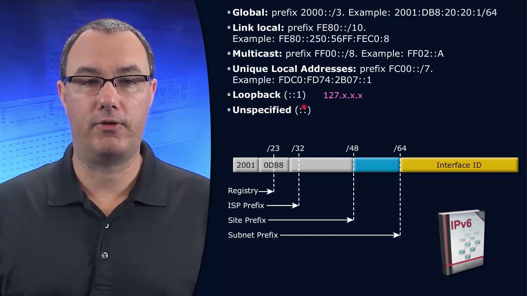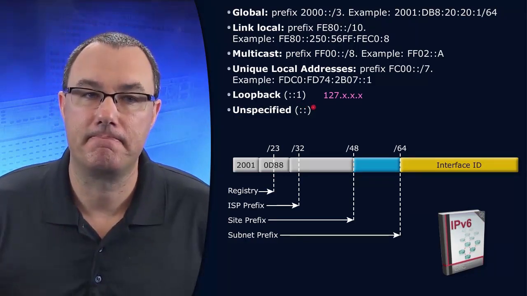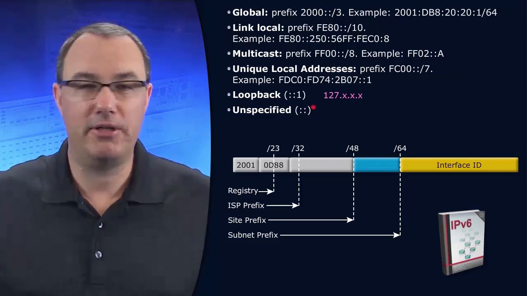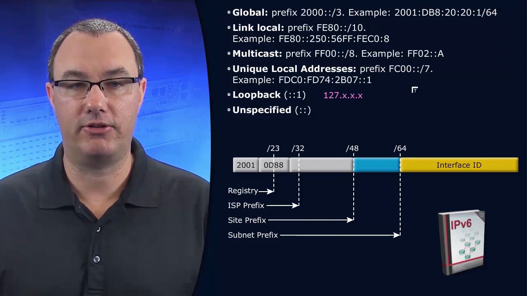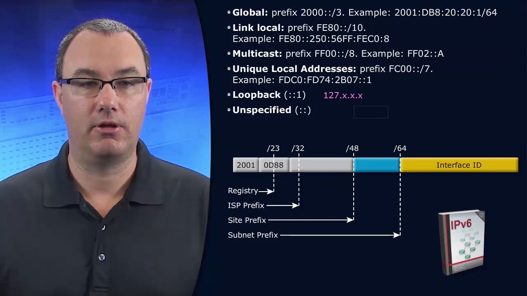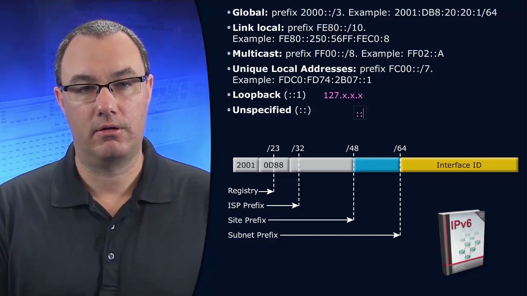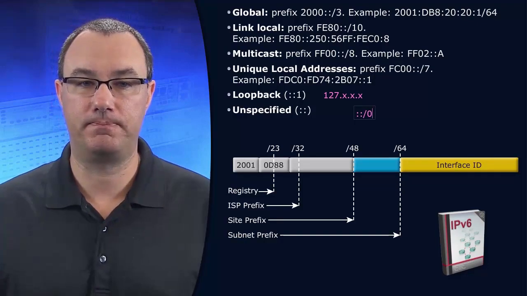And then unspecified. Any idea why we would use unspecified? It does have relevance in this course. Let me write it a little bit differently. What if it said something like this? ::/0. What does that look like to you?